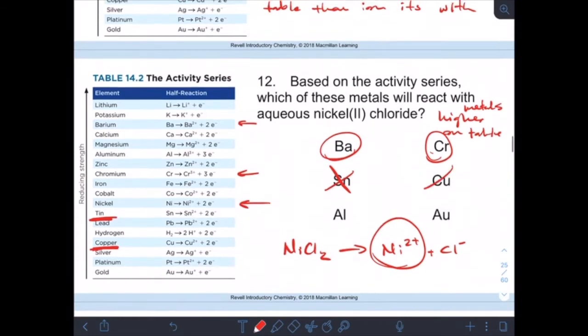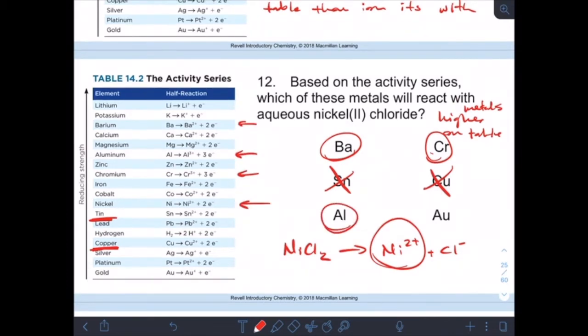It's lower down, so no. Aluminum is sitting right here, so it's higher up, so yes. And gold is down here, the very bottom of the table, so no. The moral of the story here is that when you want to decide whether a reaction will happen, find the ion, and if the metal is higher on the table, the reaction will happen.